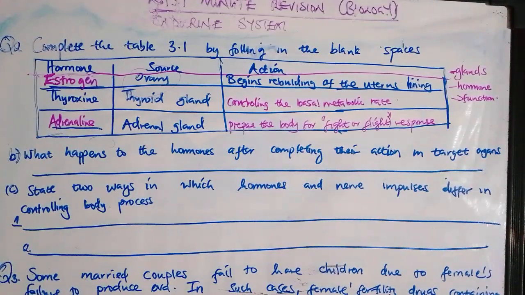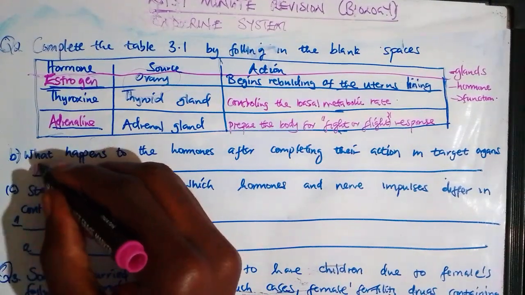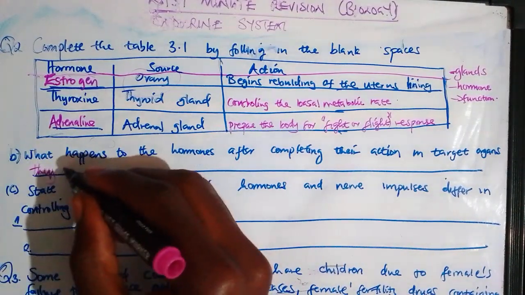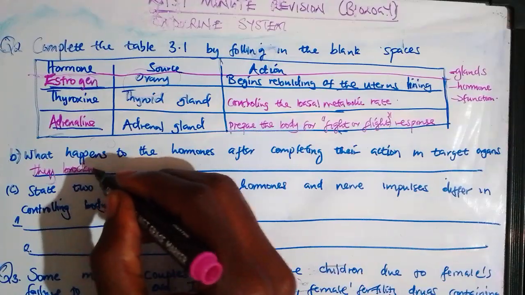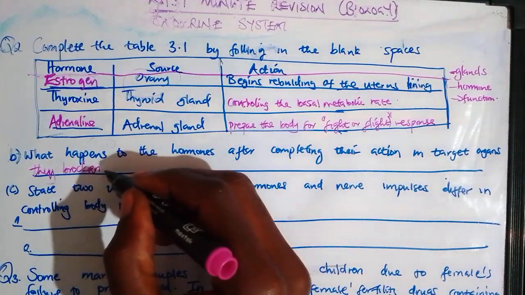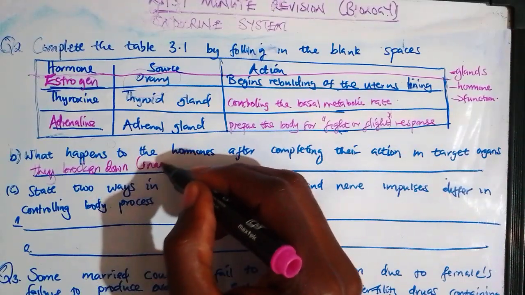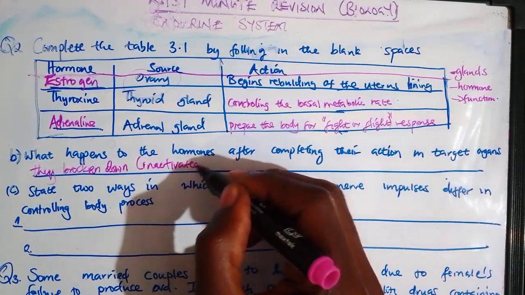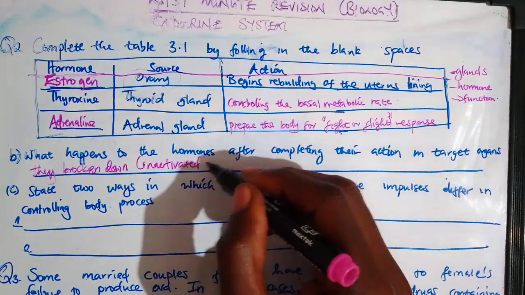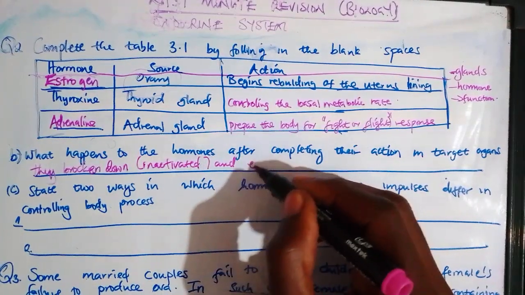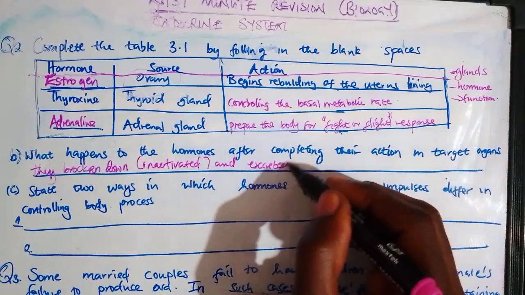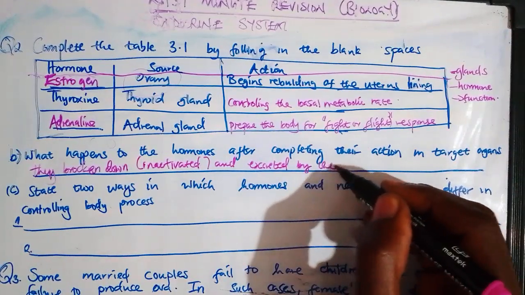If you are angry, you remain angry until the hormone is what? Removed. So now they're asking what happens. So they are broken down or inactivated and excreted by the kidney.